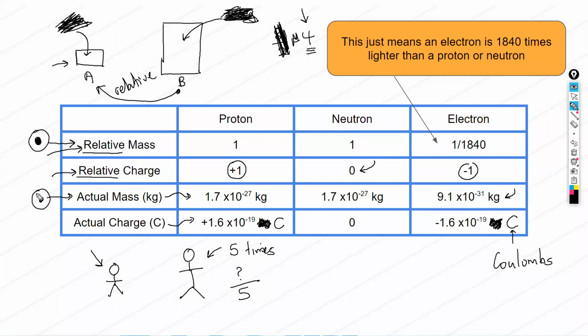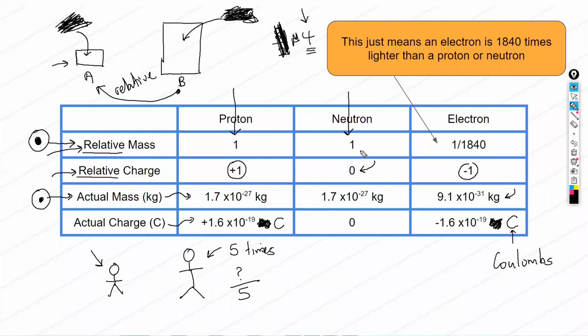Actual is always more useful, right? So let's look at this here. The relative mass of protons and neutrons is 1. This basically means that both the proton and neutron have the same mass, because relative to each other it is 1, right?